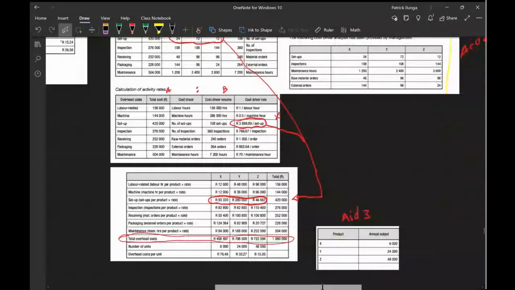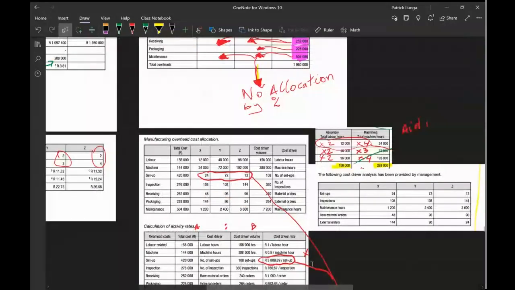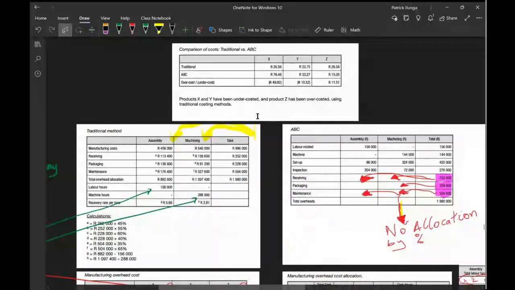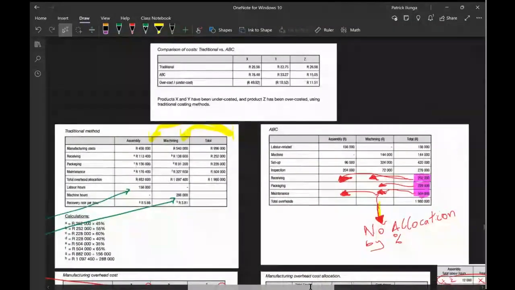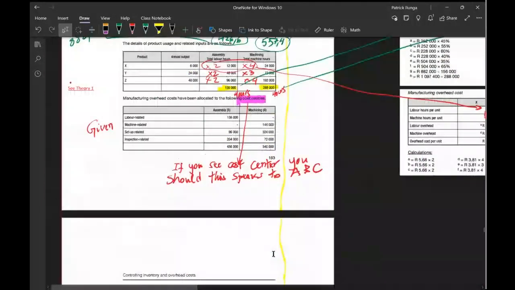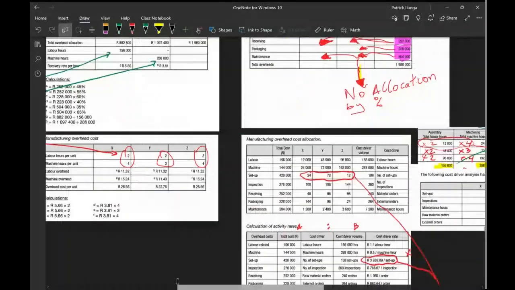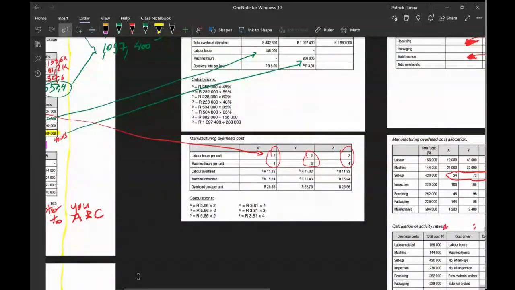I'm providing this to you, making sure that when you use this example, you can use both the traditional method and the ABC. It is straightforward. I can tell you, once you do the example, you will see how easy it is. Do the example, close your book, and if you didn't do well, you will know where you went wrong.